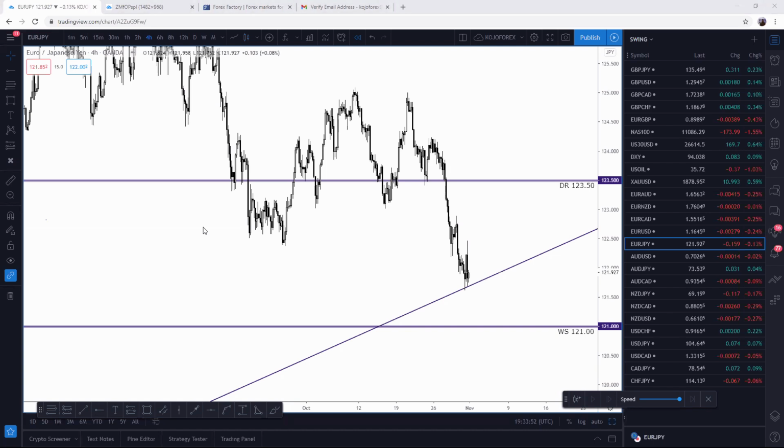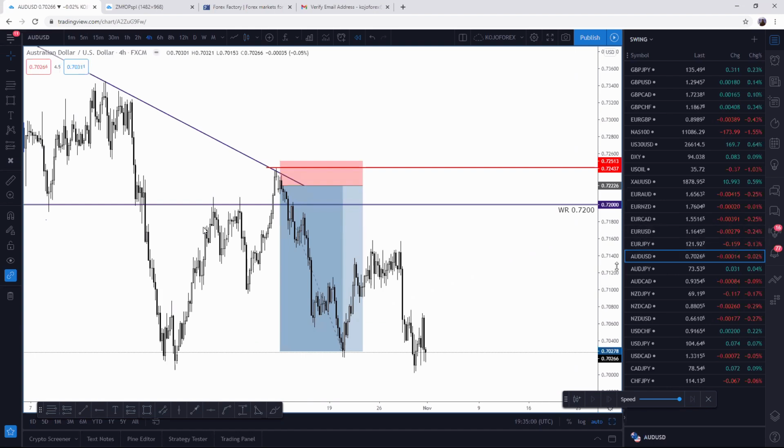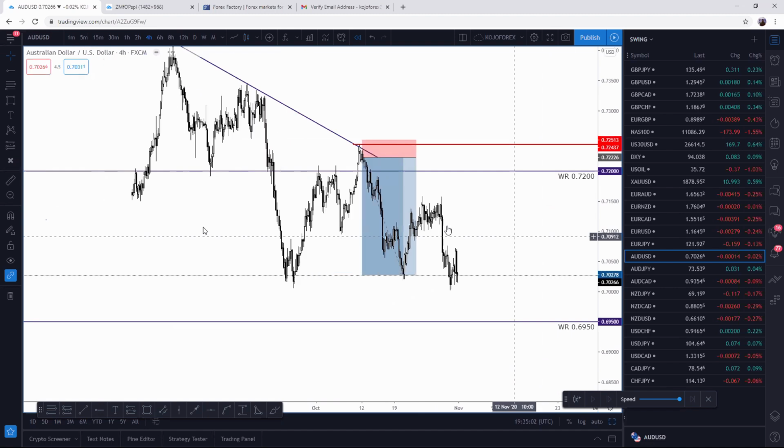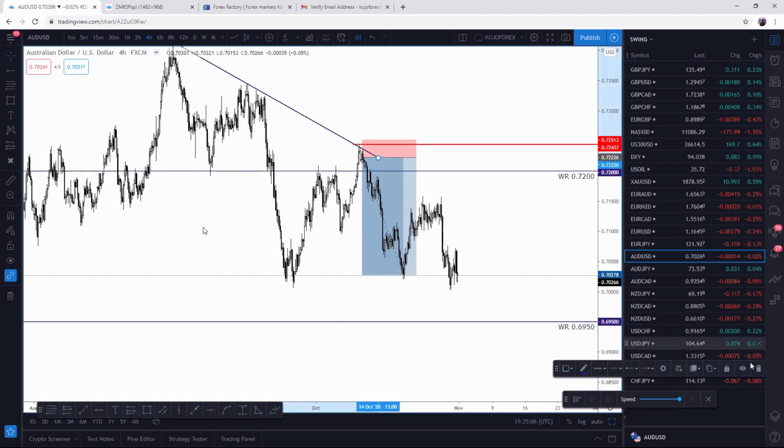It's really easy just to spot good moves on the market. In confluence with everything we've done here, that is also an added confirmation that comes on board.